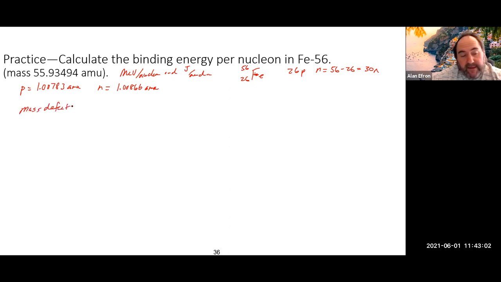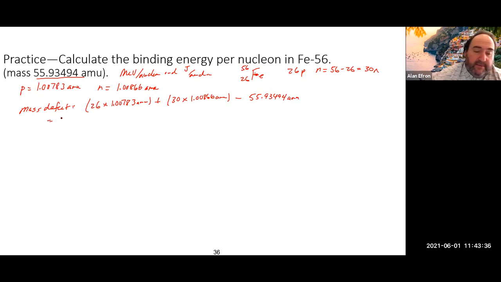Our mass defect is going to be our 26 protons times 1.00783 AMU plus our 30 neutrons times 1.00866 AMU, and that is subtracted from the mass of the isotope, which in this case is 55.93494 AMU.